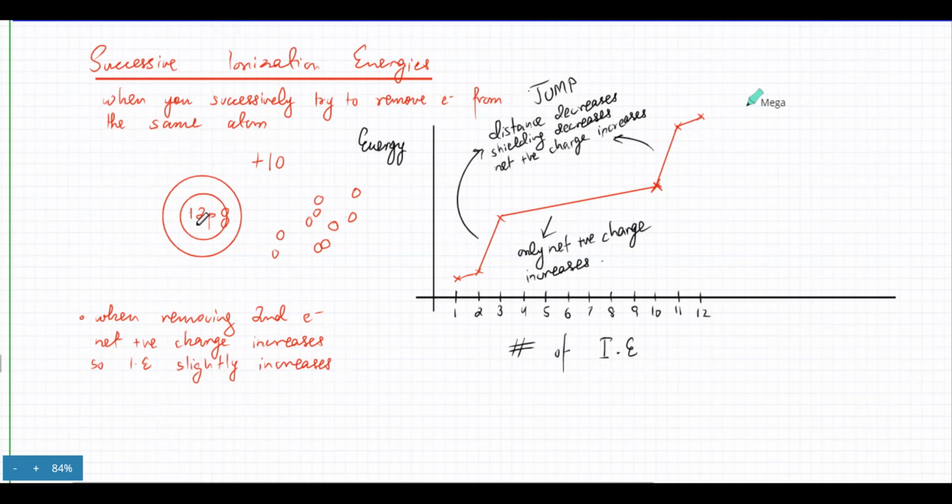If you get the valence electrons, you also get the group number. If you know the group number, you know whether it's a metal or a non-metal. You also get lots of other information, like what type of bonding it would do.